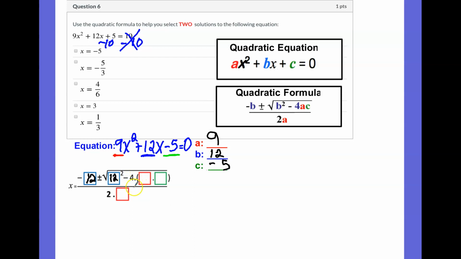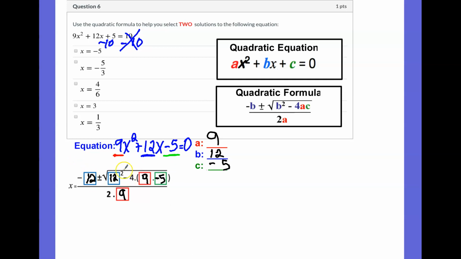Minus 4 times A. A is 9, and I can put A here as well. And now I need to put -5 for C. So now that I have everything ready, I can do the math.